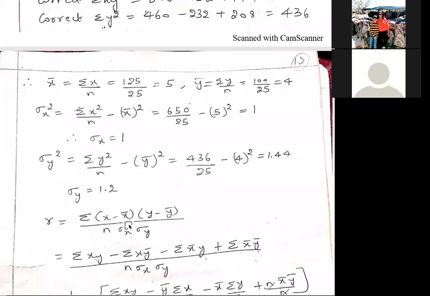We should take this itself to solve this problem because we have sigma x and sigma y, x bar and y bar can be found even without your entire x value and y value. So in this formula, the terms which we need are n. N is already known. The number of observations is 25. And I need x bar, y bar. So I'll find that.